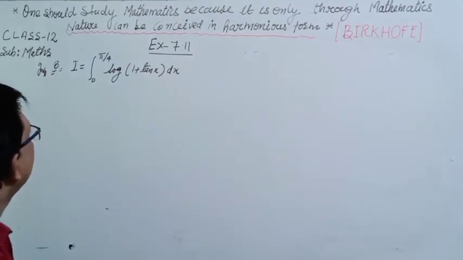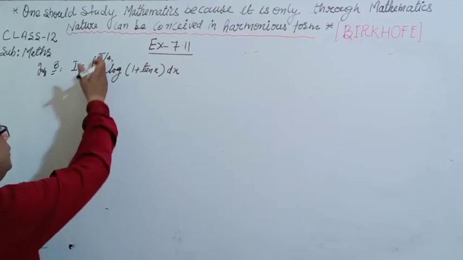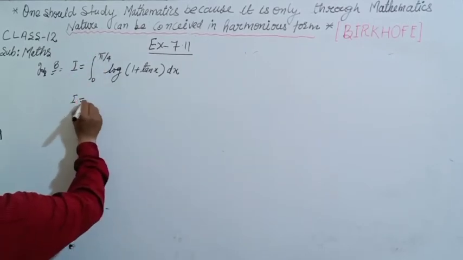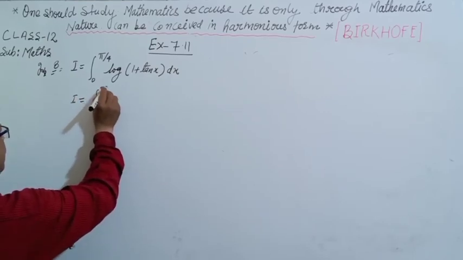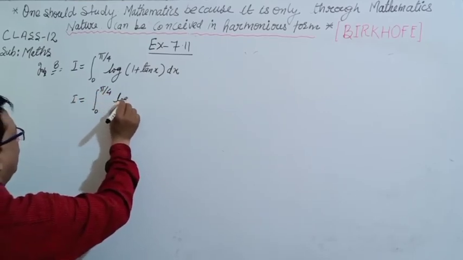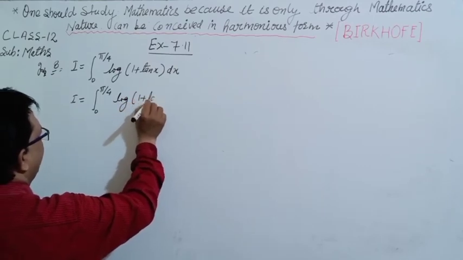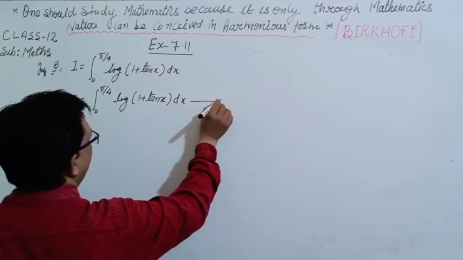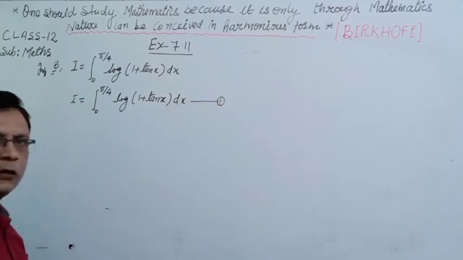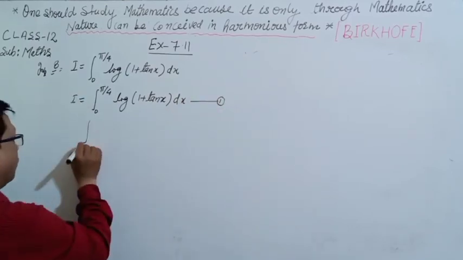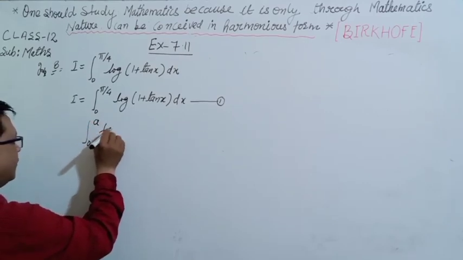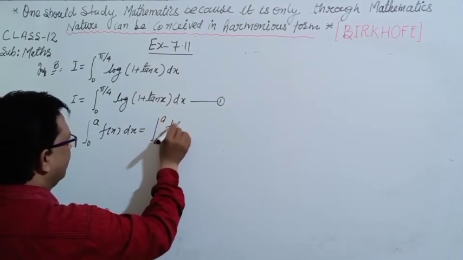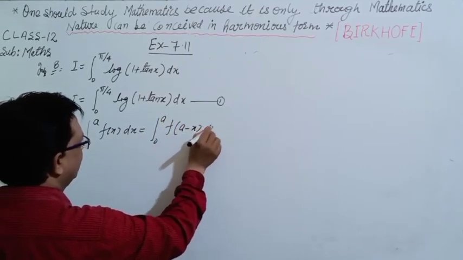So we already see that this is the property of 0 to a. So we write equation first. Equation first is integral 0 to pi by 4 log(1 plus tan x) dx. This is your equation first. Now use the property: integral 0 to a f(x) dx is equal to integral 0 to a f(a minus x) dx.